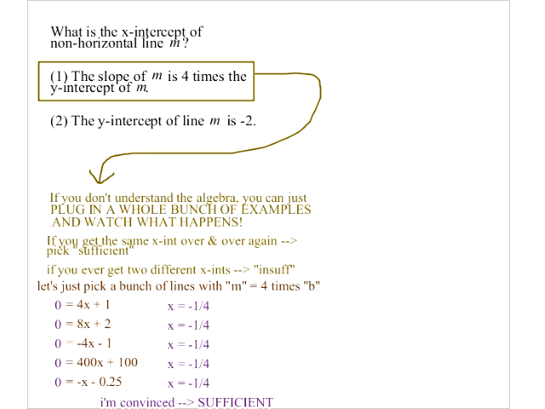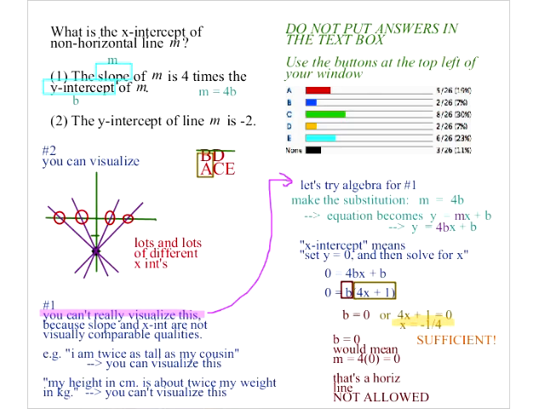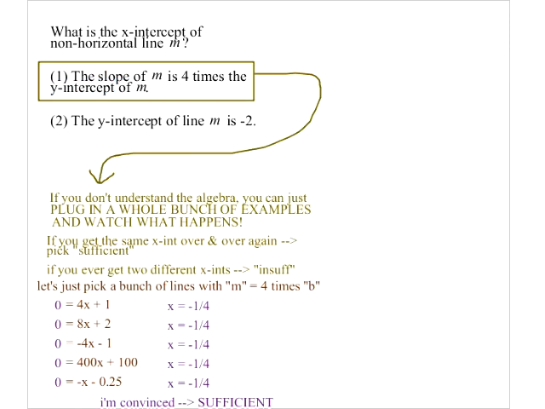Any questions? Smiley face if you guys understand this. Some of you are probably not going to be convinced to try this method, but notice that you don't have to have any ability to do this algebra to make this work. So yeah, you can try this all the time.